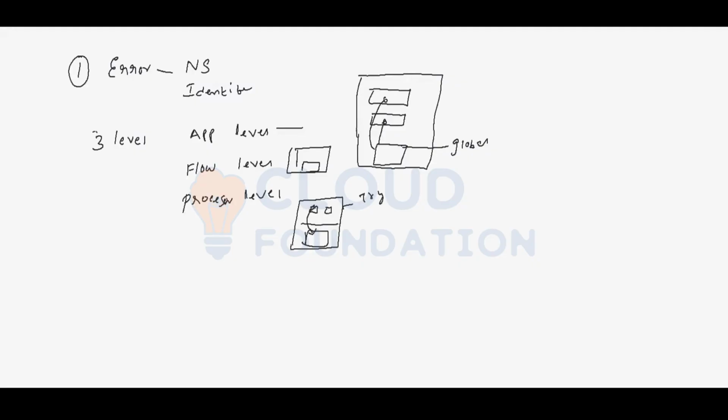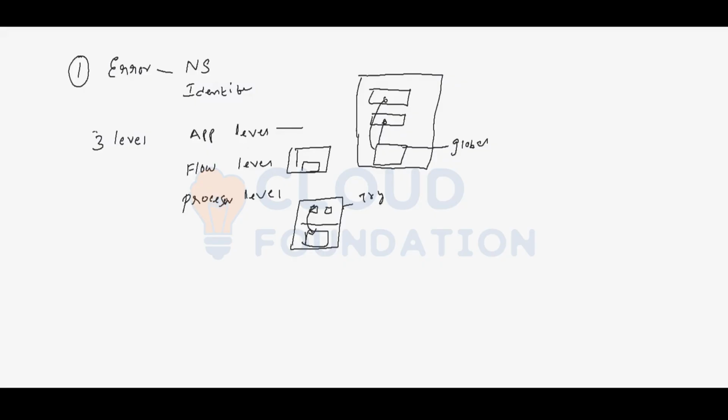Got it? So one quick question. I think it's clear. You explained very well application level and flow level or processor level. I remember how you define the error handler at the flow level, on the component level or processor level.